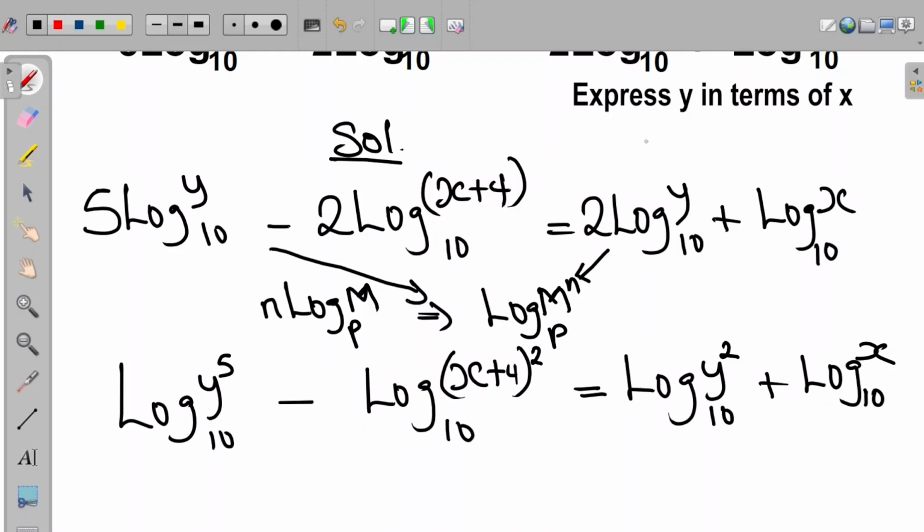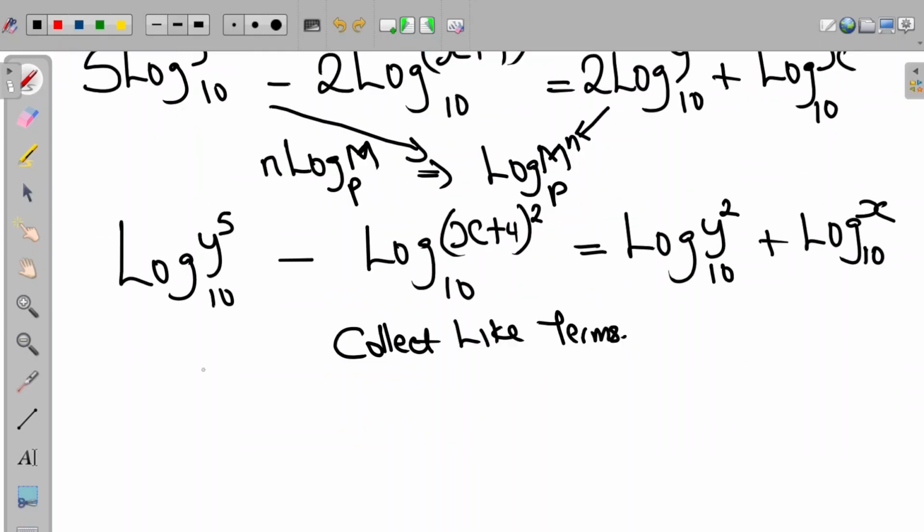But recall that the question says we should express y in terms of x. So on that note, we collect like terms. If we do that, all the terms that have the y variable, we push them to the left-hand side, and all the terms that have the x variable, we push them to the right-hand side.